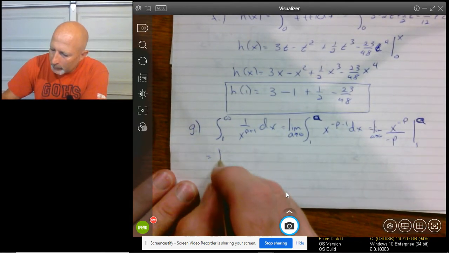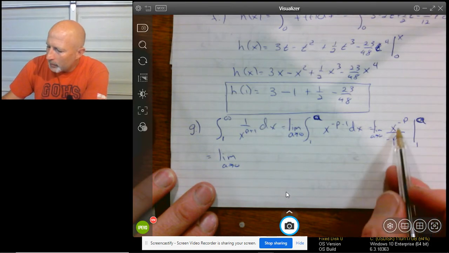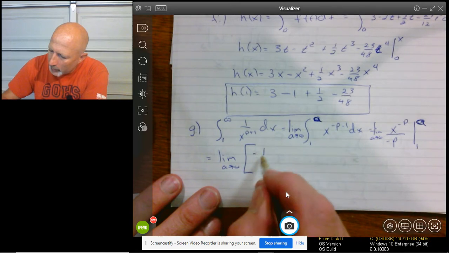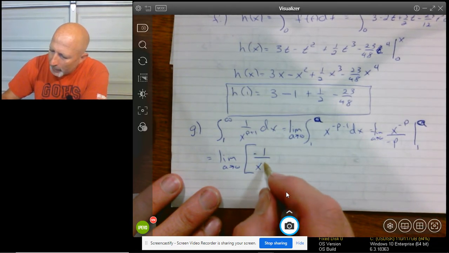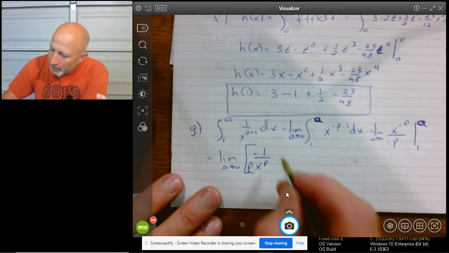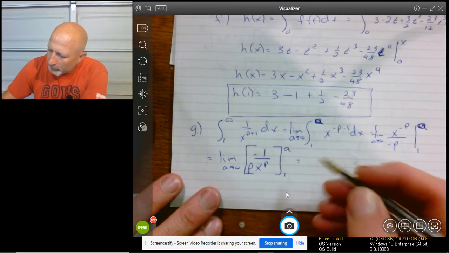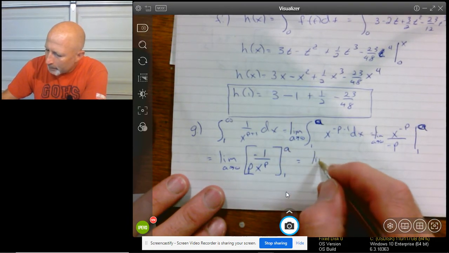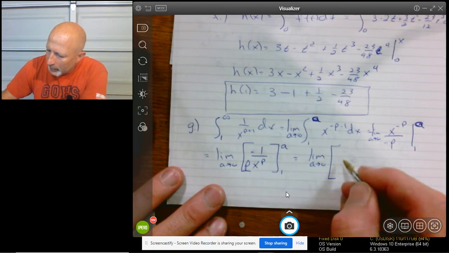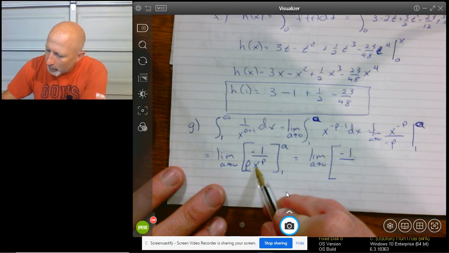So this is equal to the limit as a goes to infinity of, so I'm going to go ahead and clean this up. So I have negative 1 all over x to the power of p, and then you have p on the bottom here, and I'm evaluating this from 1 to a. So this is equal to the limit as a goes to infinity of negative 1 all over p, and you plug in an a for x.